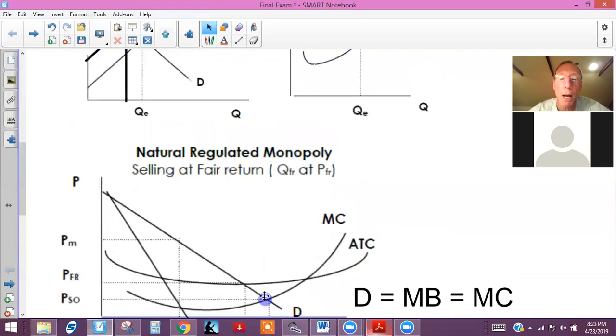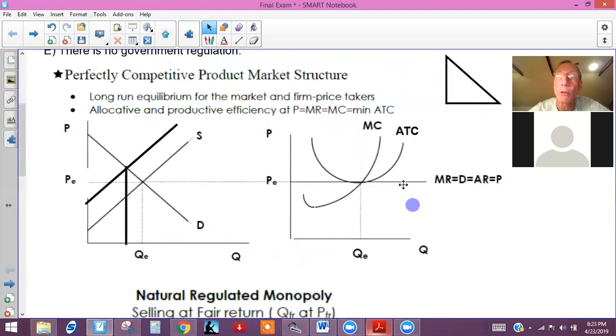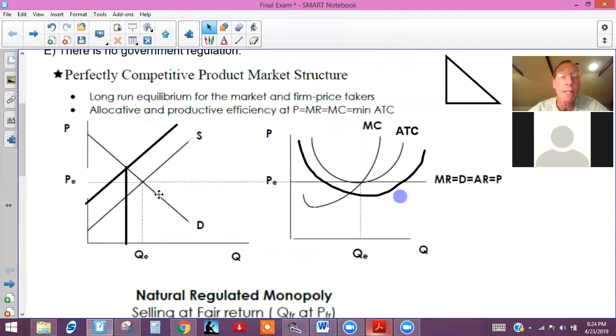Well, it is if they're in the long run. It is only if they're in long run equilibrium, right? If this curve right here, let me get something to draw with. If average total cost was down here, and they were making economic profit, then firms would come into the market.